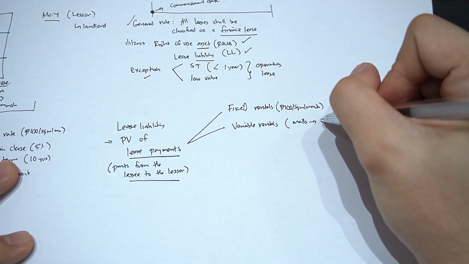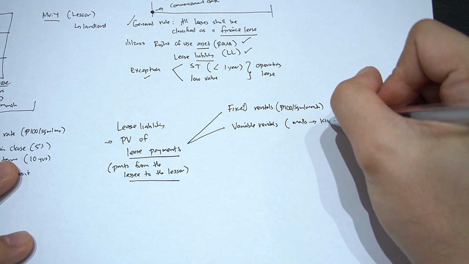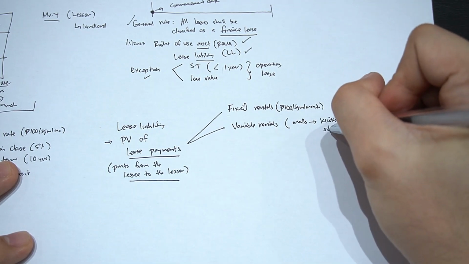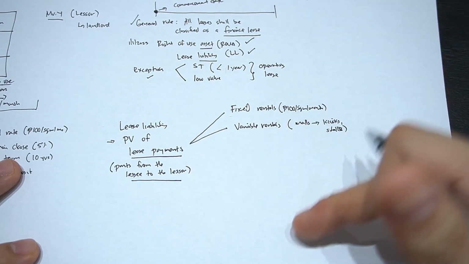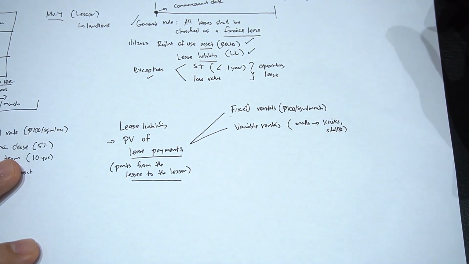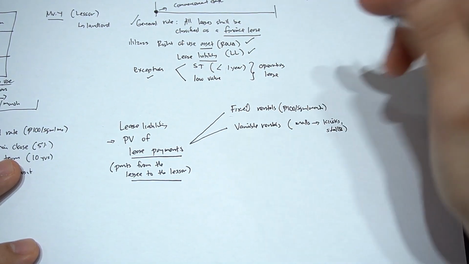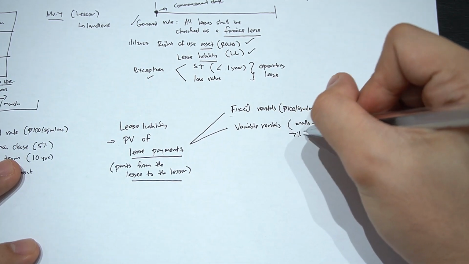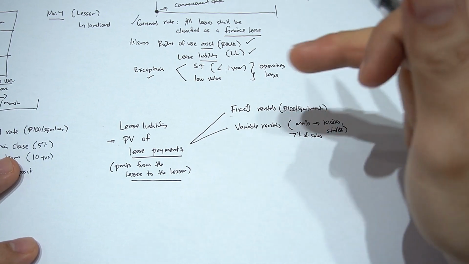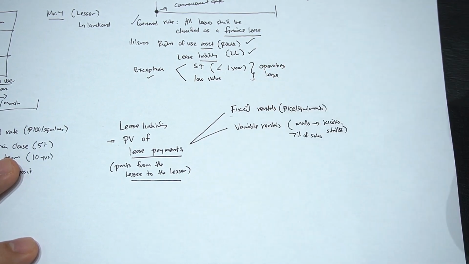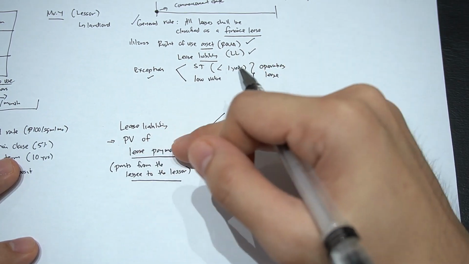Okay? Pag pumunta ka sa, let's say, sa SM, marami kang makikitang kiosks doon or stalls. Tama? So, yung mga yun class, usually ang kontrata nila with SM, magbabayad sila ng monthly rent kay SM plus variable rent. And usually, yung variable rent na yan is percentage of sales. Okay? So, common yan ha. So, meron kang fixed rentals, meron kang variable rentals. Okay? So, part siya ng lease payments.